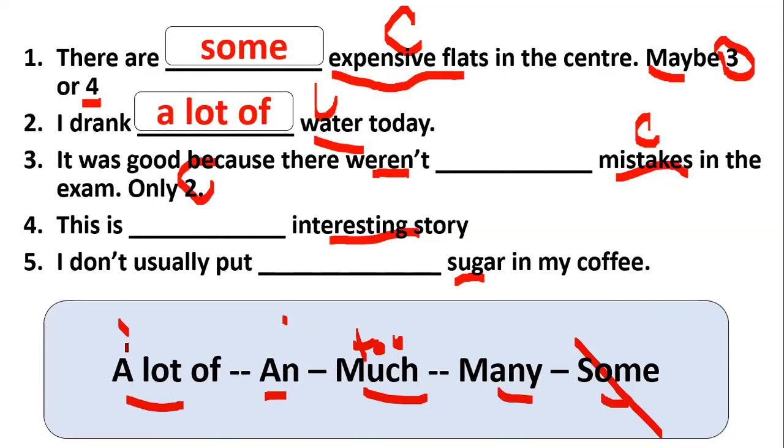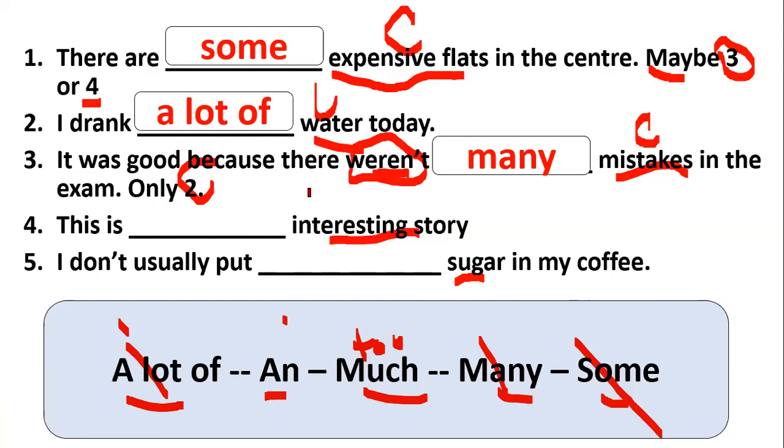So what can you put? Many. Exactly, okay? Remember the expressions that are in negative, Iliana. Not any and not many. Only those 2 examples are negative, and weren't is negative, okay?